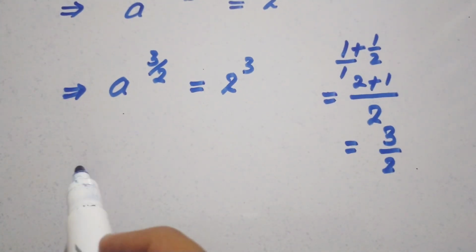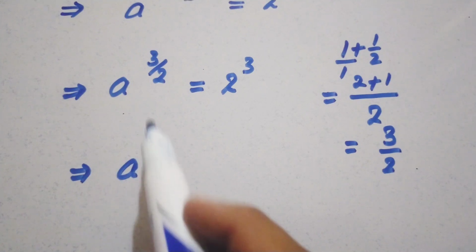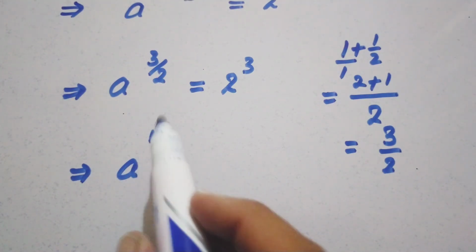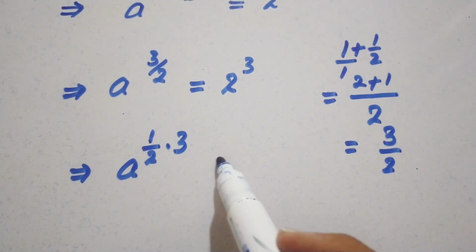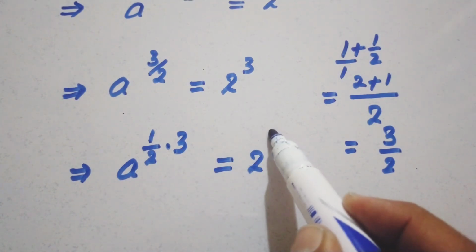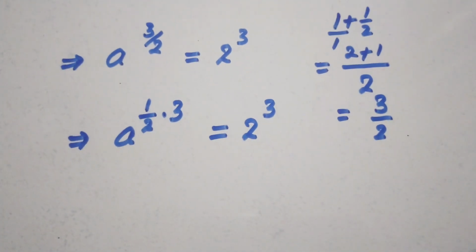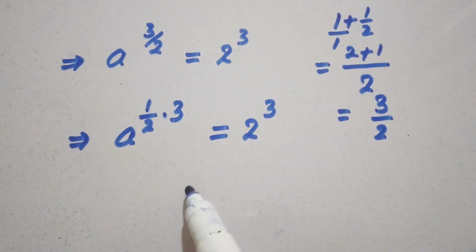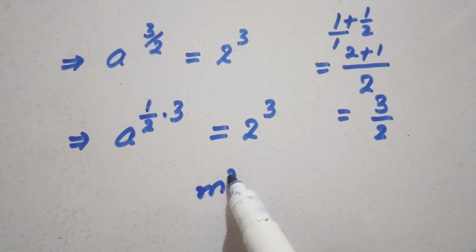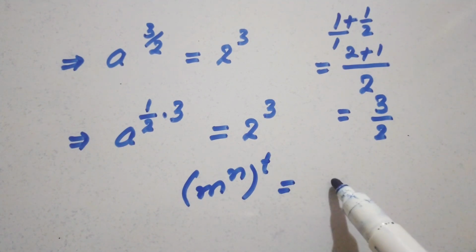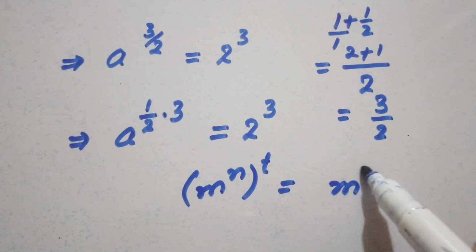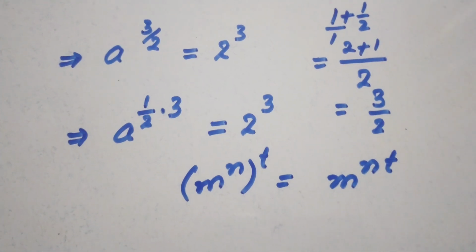Now we can write this as a power 1 by 2 multiplied by 3, or 3 multiplied by 1 by 2, this is equal to 2 cube. Using an algebraic identity, that if we have m power n whole power t, this is equal to m power n multiplied by t.